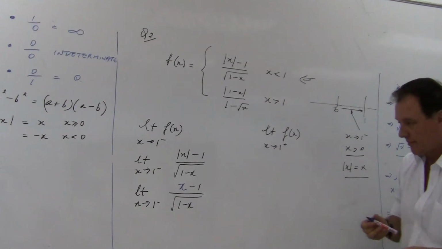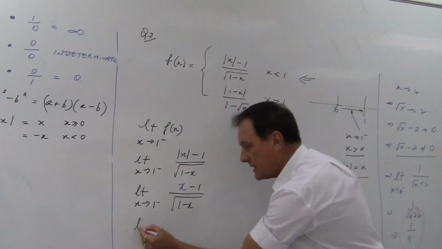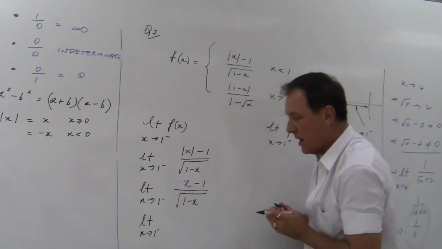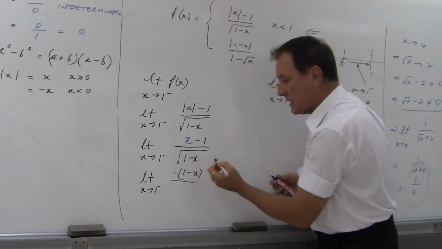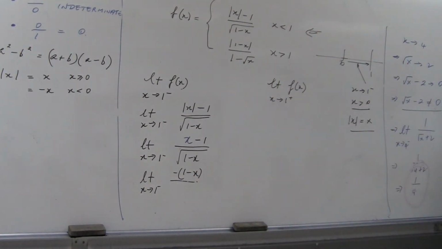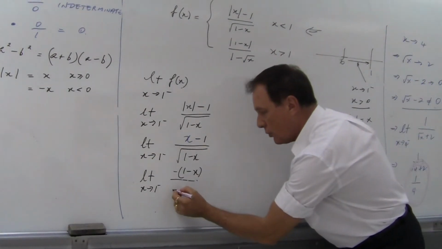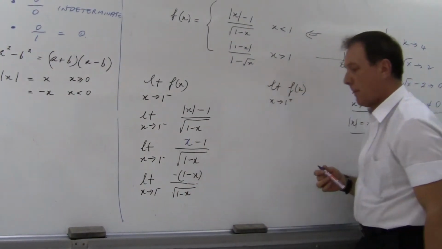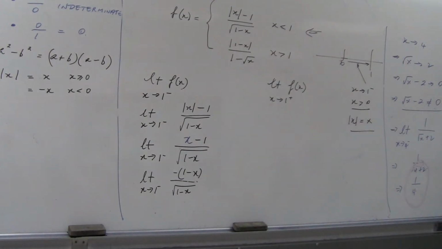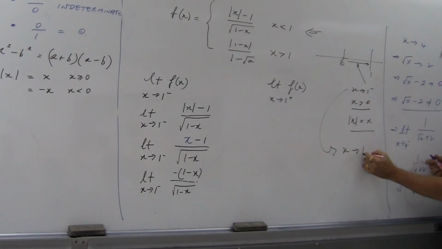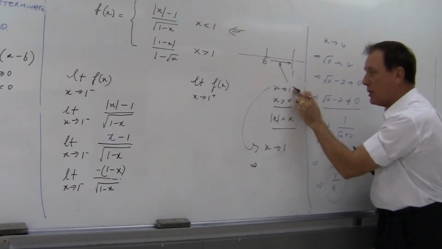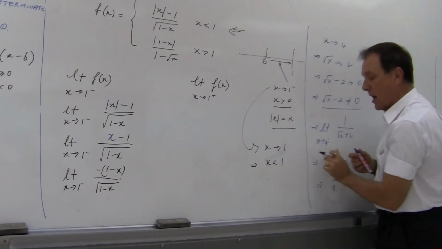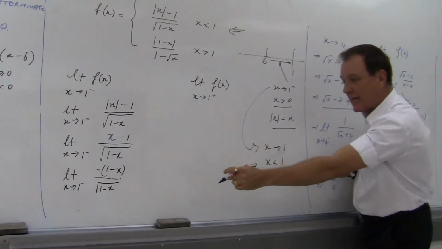Now, arguments as before. I can write this as the limit as x approaches 1 from below of minus 1 minus x, and underneath it, root 1 minus x. If x is approaching 1 from below, x is less than 1. Now we've got 1 minus x down here in the denominator.